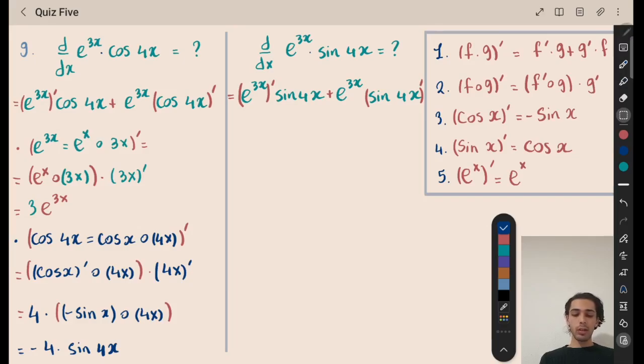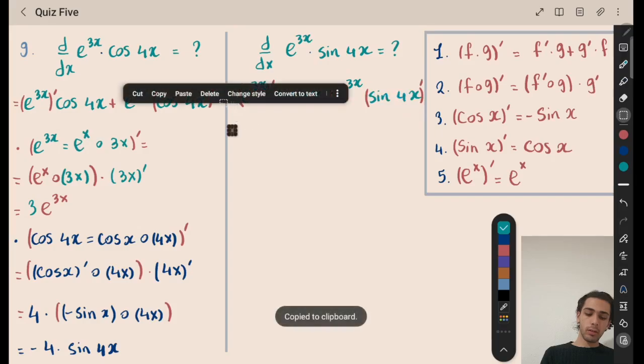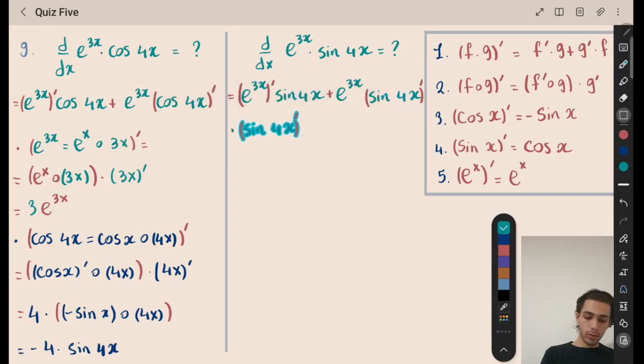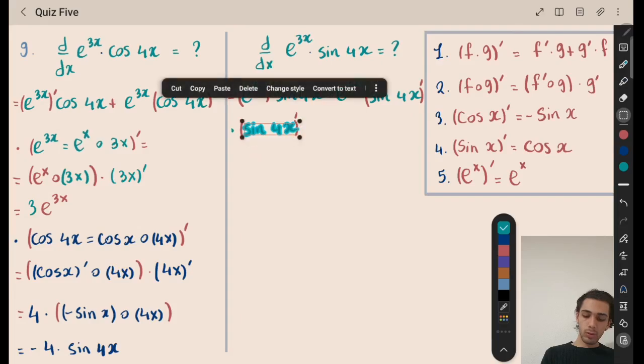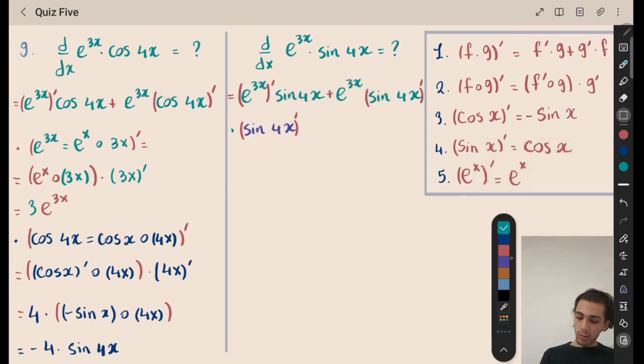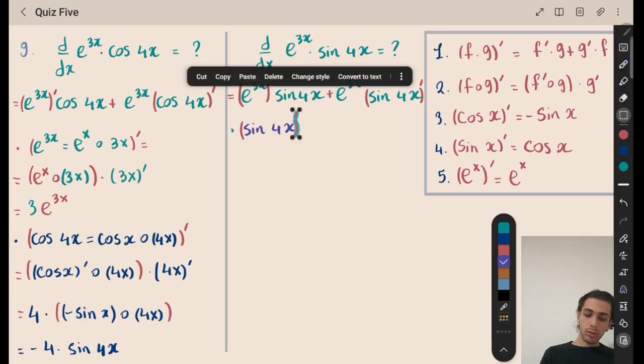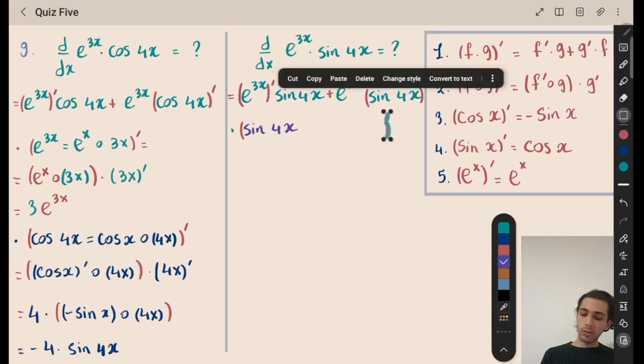As for the other side, we still need to compute one more derivative, which is the derivative of sine of 4x. Now again, this is not special. So it's a composition of two functions.